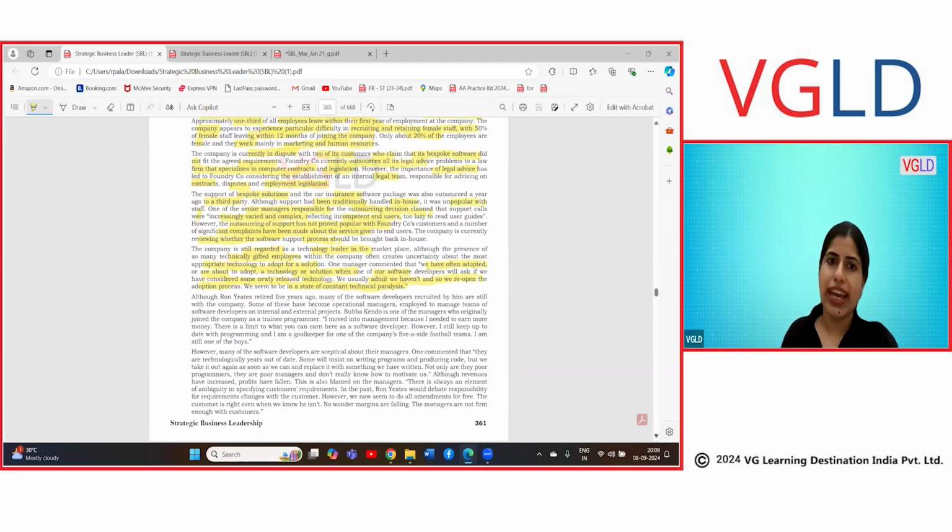Although Ron Yates retired 5 years ago, many software developers recruited by him are still within the company. Some of these have become operational managers employed to manage teams of software developers on internal and external projects. SK is one of the managers who originally joined the company on a trainee program.